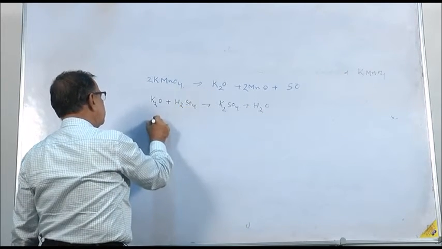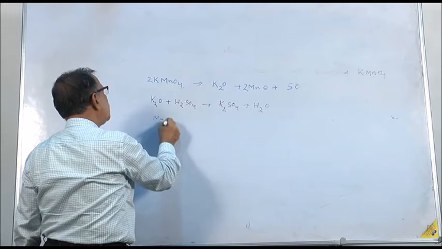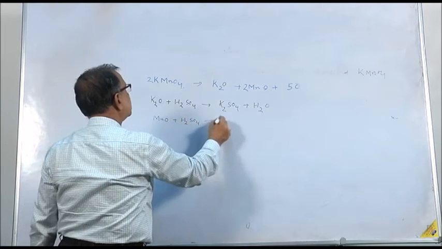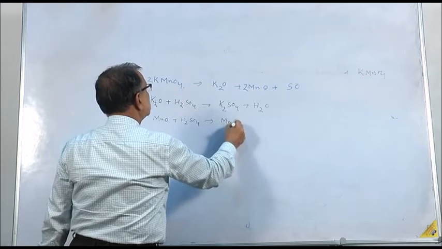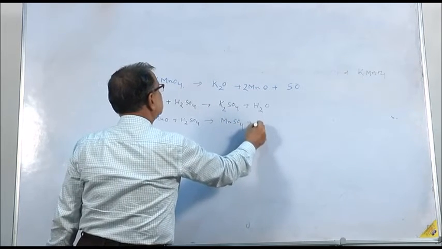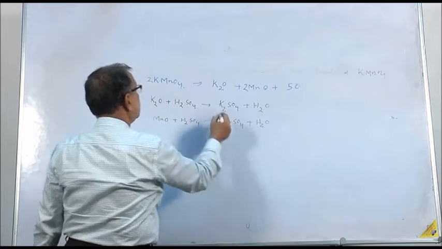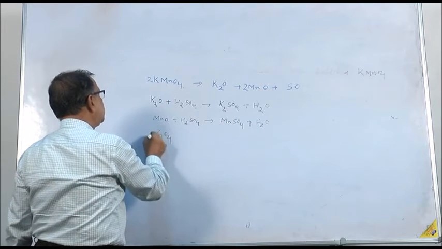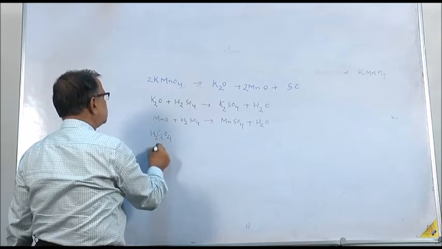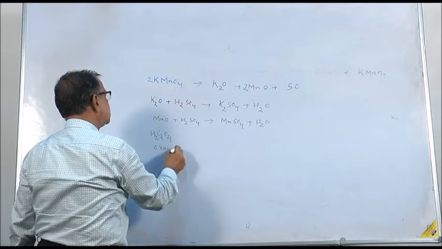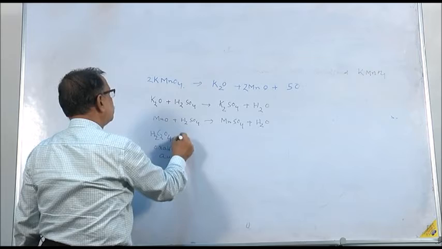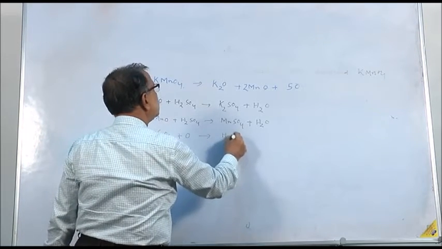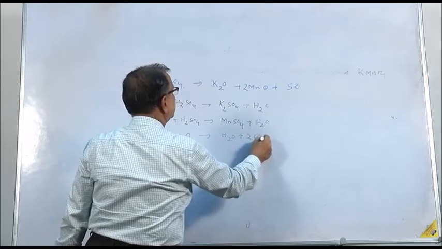Now MnO plus sulfuric acid gives MnSO4 plus H2O. Oxalic acid H2C2O4 plus O gives H2O plus 2 carbon dioxide.